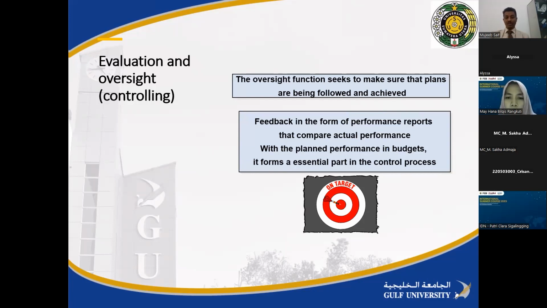So the oversight function seeks to make sure that plans are being followed by employees and achieved. Feedback comes in the form of performance reports that compare actual performance with the planned performance. As managers, we should see the actual performance and compare it with the plan.